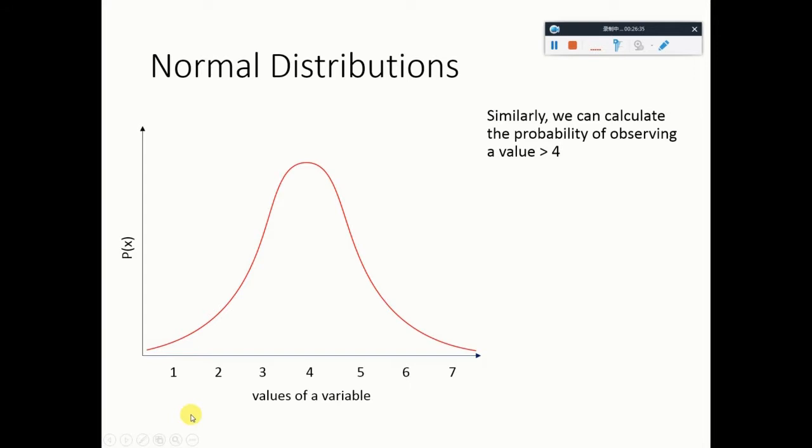Well, similarly, we can calculate the probability of observing a value that's greater than a particular value. What should it be? That's a range, also an interval. That means from 4 all the way to 7, because 7 is our upper bound.